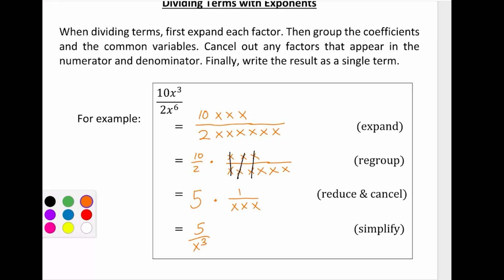Now, this is something we're going to elaborate on next time, but I want you to look at this shortcut that we might be able to take advantage of. Notice that we ended up with 5, which is really just 10 over 2. You can divide the coefficients, and then, although this is going to look kind of weird now, it'll make a lot more sense next time, you can actually subtract the exponents. 3 minus 6 is negative 3.